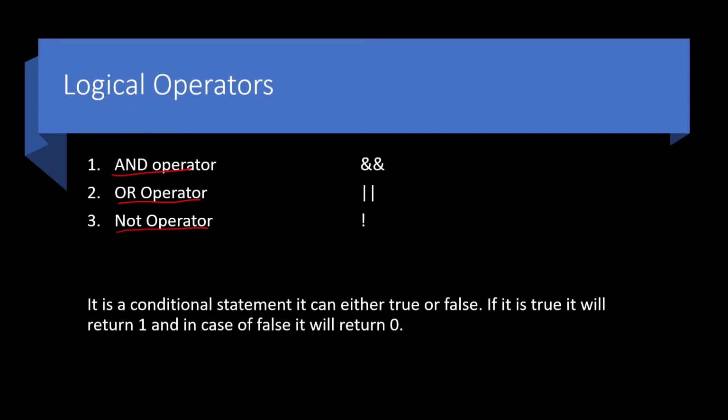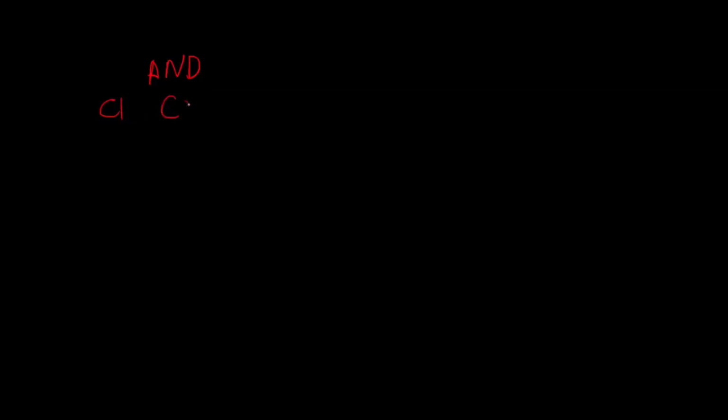First of all, understand how it works. First we have the AND operator. Here we have a table with condition 1 (C1), C2, and output. If this is true and this is also true, then it will give us output 1.